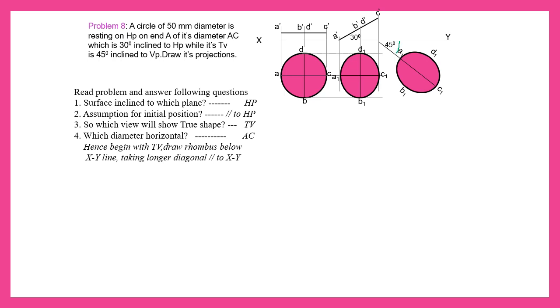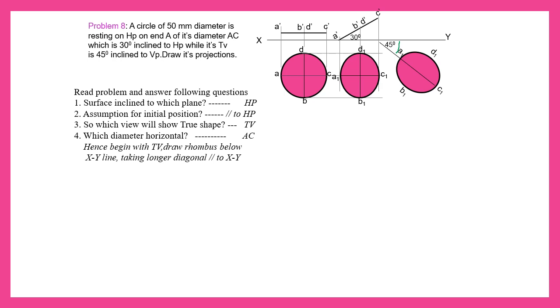The diameter is inclined. A circle of 50 mm diameter is resting on HP. One end A of its diameter AC is 30 degrees inclined to HP, while its top view is 45 degrees inclined to VP.